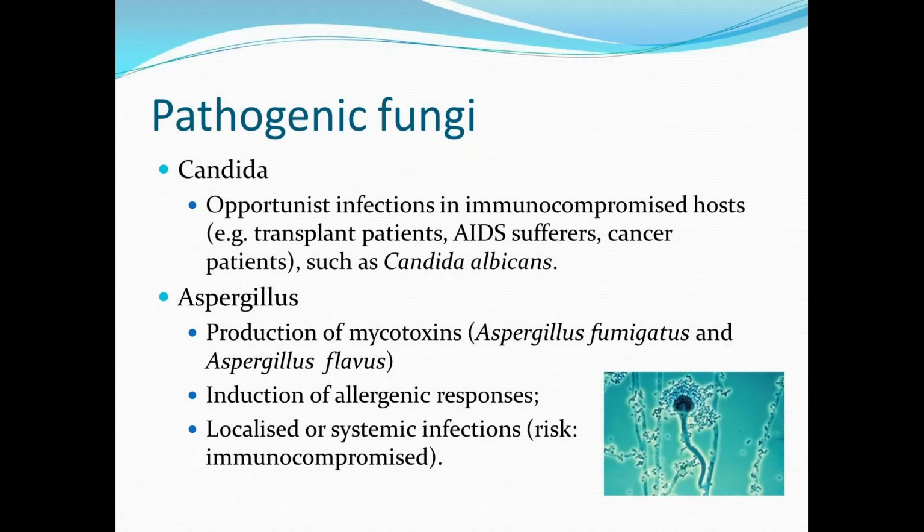And then Aspergillus. It's those Aspergillus species that produce the mycotoxins or aflatoxins that can also trigger quite serious allergic reactions. So Aspergillus flavus, as I previously mentioned, and then Aspergillus fumigatus as well is another serious type of fungus.